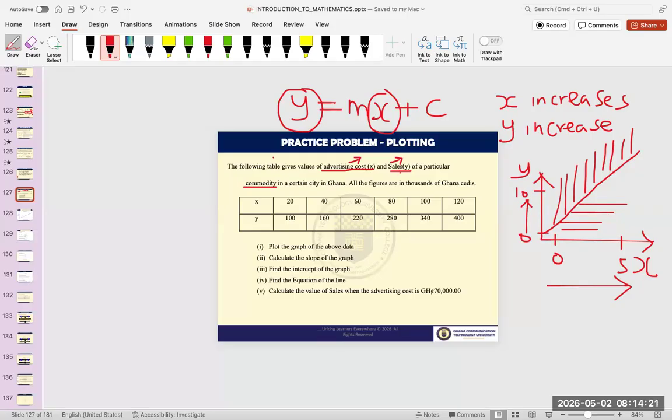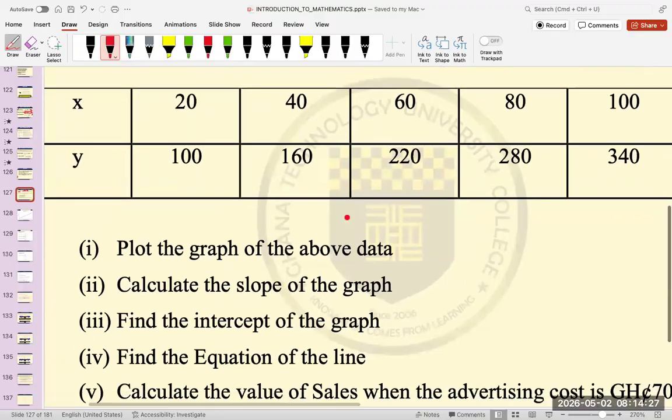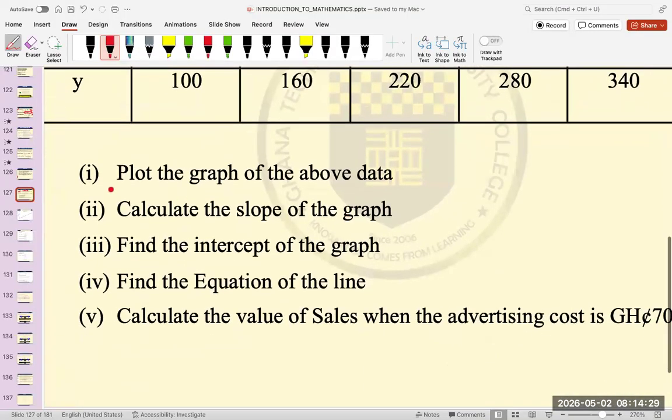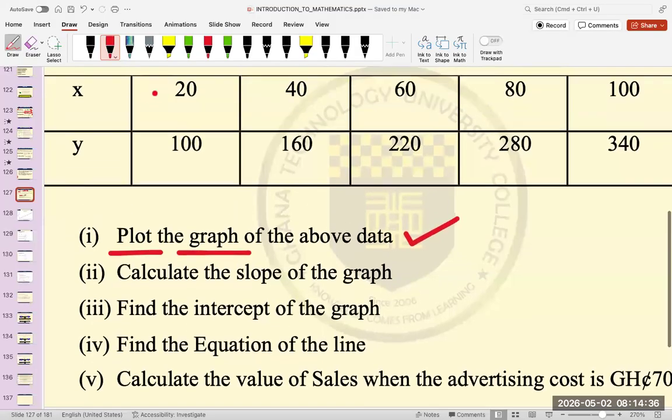Now, what are the demands of the question? These are the demands of the question. They are as follows. 1, it says we should plot a graph of the above data. So we are going to plot x versus y. That's what we are going to plot.